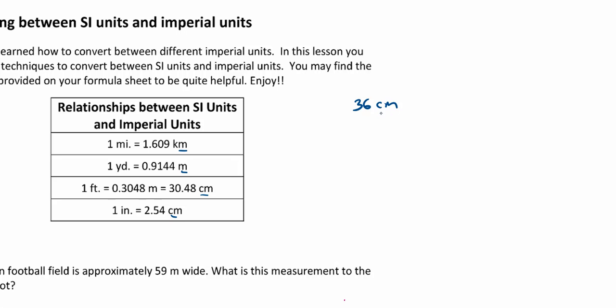So all we have to do is say, okay, well, how many centimeters are in a meter? Well, there's 100. There's 2 zeros in 100. So all we have to do is either divide by 100, or quick and easy, you can move the decimal place 2 times to the left. That would be 0.36 meters.